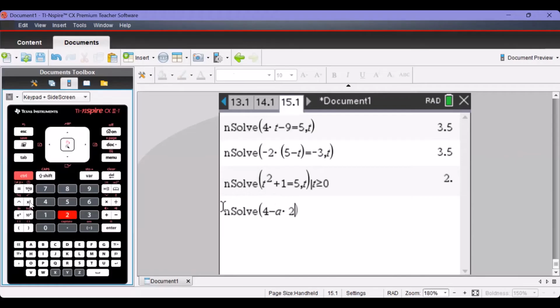So we're substituting in the value of T, which is 2, and then we will equate that to -8 and solve for A, comma A, press enter, and we get A equals 3.